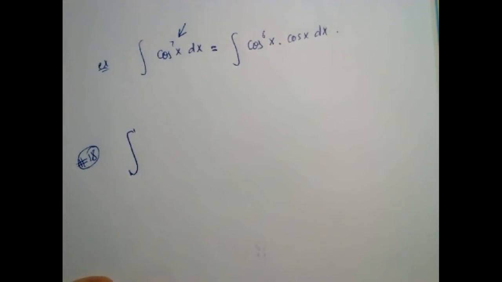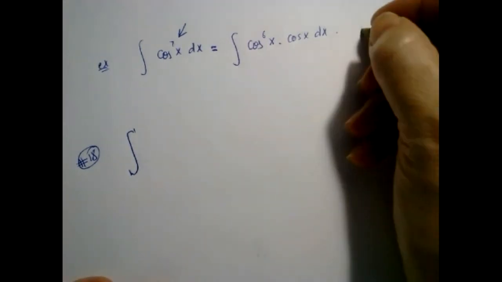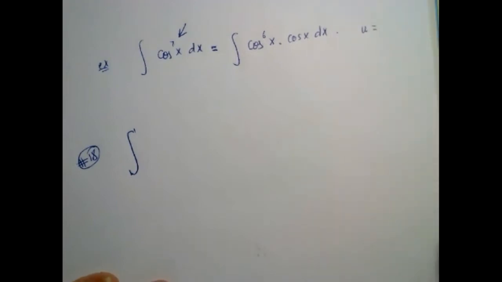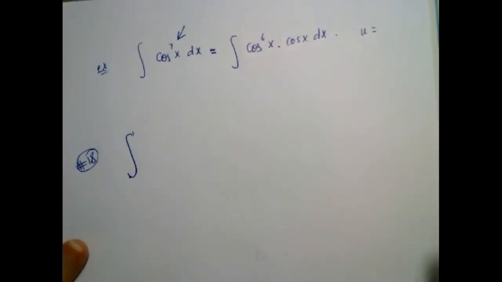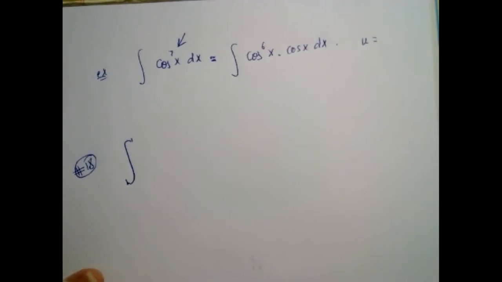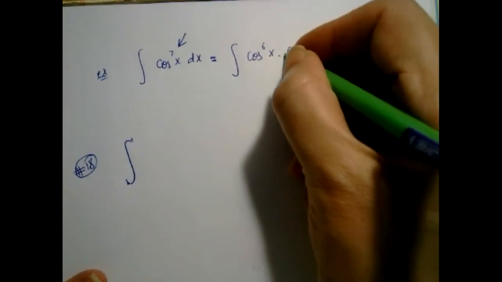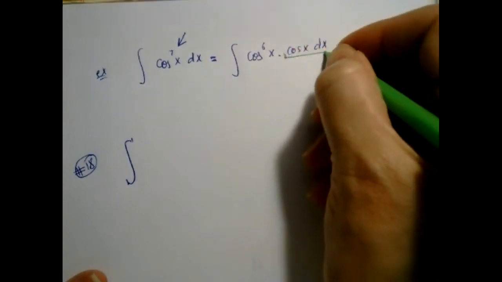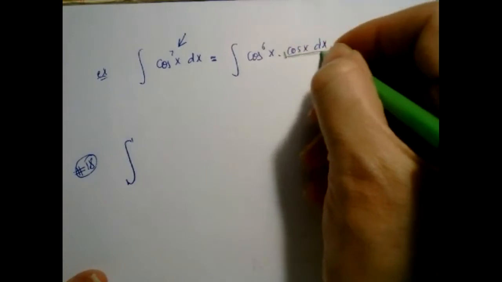What do you think I'm going to put my u to be? So the algorithm will apply verbatim. Sine x, because the derivative of that is cosine. The term we cut off has to be the du.